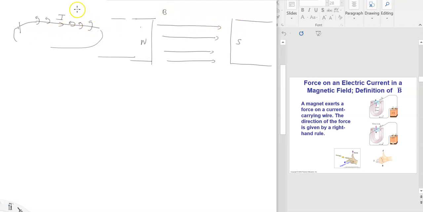And we take our conductor, which carries current in it, right? It's a current carrying conductor, has its own magnetic field, and we place it in the middle of this magnetic field. So this B is for this external magnetic field created by the two giant magnets, right?